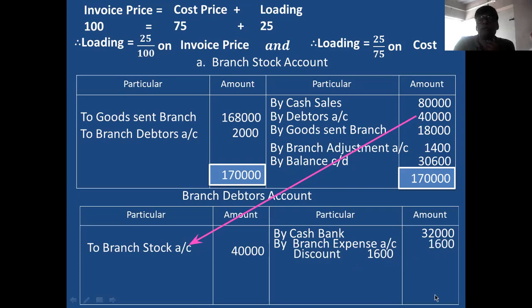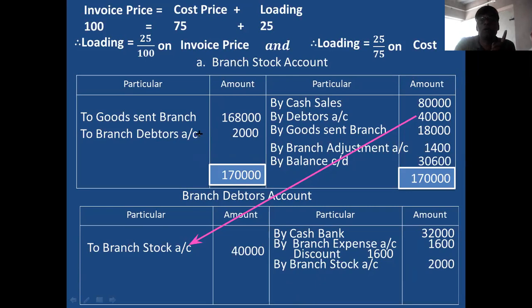Then next, by branch stock account. This is nothing but sales return. In the previous problem, you recorded it as sales return, but you write branch stock account here, because you see here, you recorded branch debtors in the stock account.